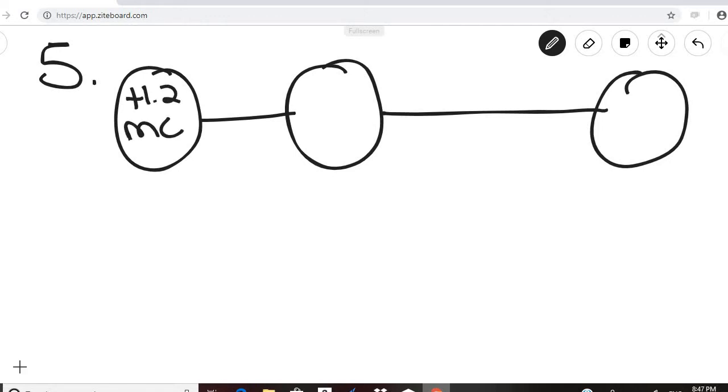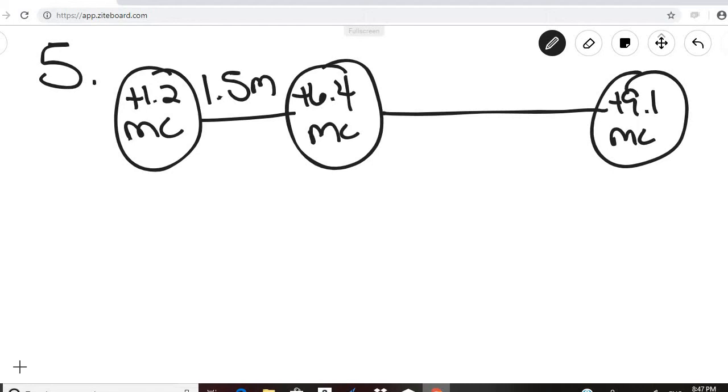This one is positive 6.4 millicoulombs, and the last one is positive 9.1 millicoulombs. The distance here is 1.5 meters, and the distance here is 2.0 meters.